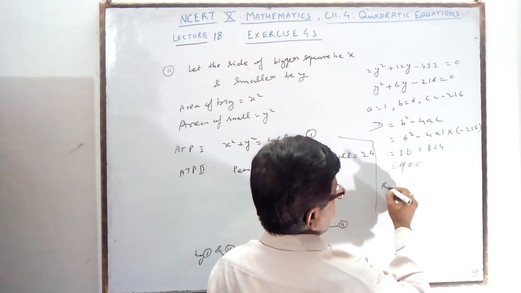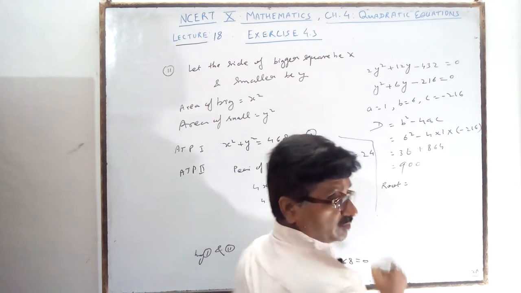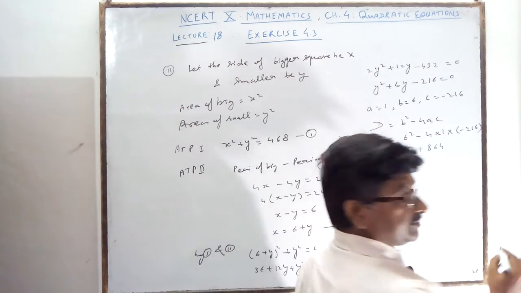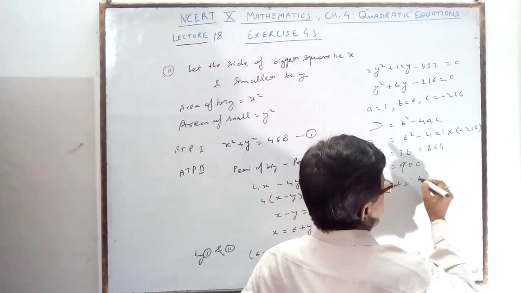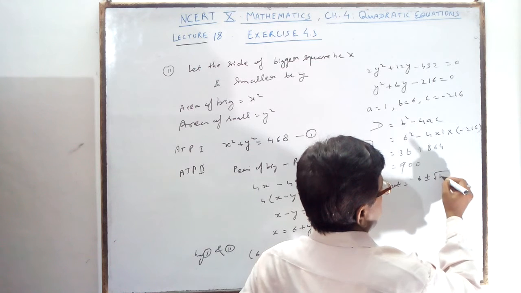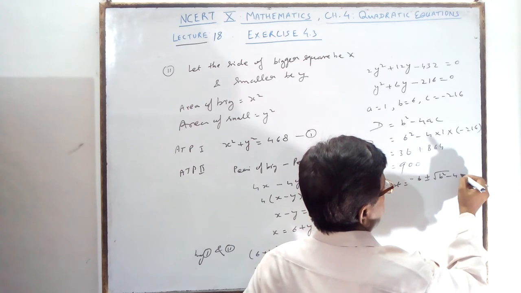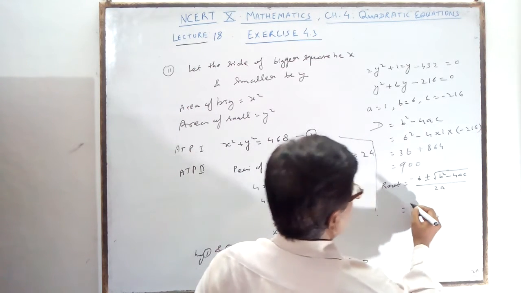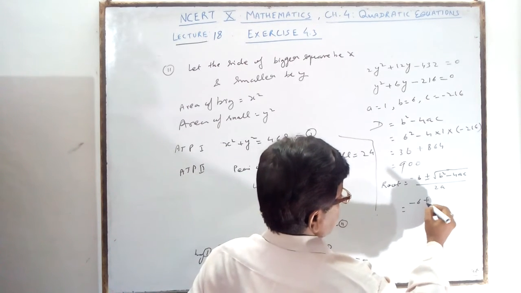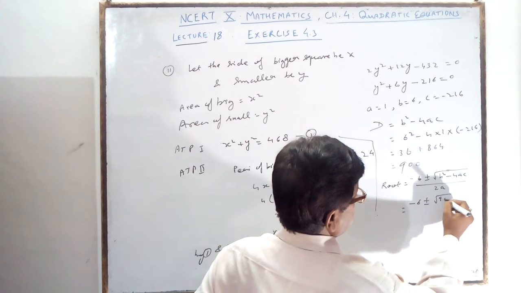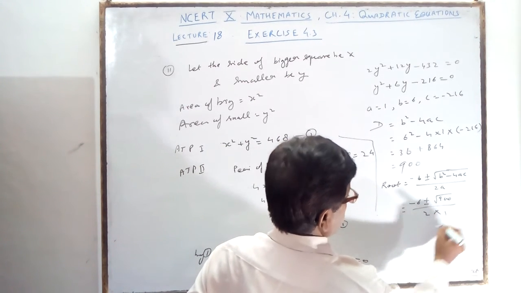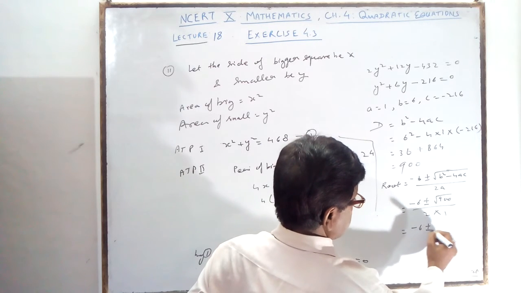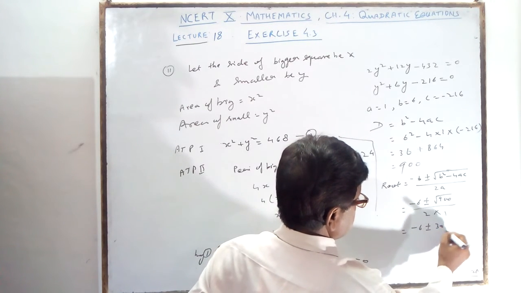So the roots are equal to minus b plus minus under root b square minus 4ac, upon 2a. So you put the values: minus 6 plus minus under root 900, divided by 2 into 1. So minus 6 plus minus 30.